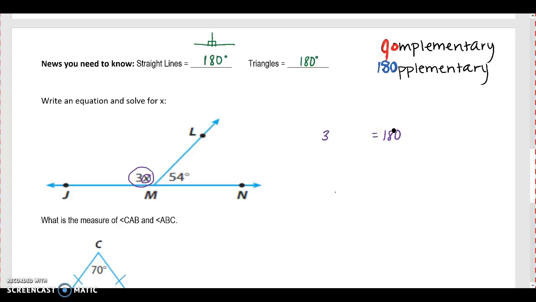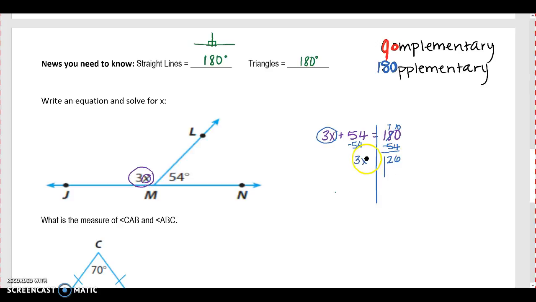So we have 3x plus 54 equals 180. We're going to solve our equation like we have been. We draw a line down the equal sign. We need to get rid of whatever is not with x, so minus 54. Gonna have to borrow: 10 minus 4 is 6, 7 minus 5 is 2, so 126.